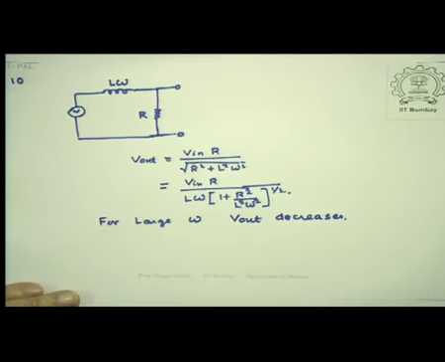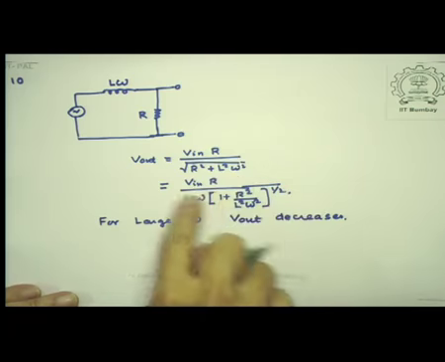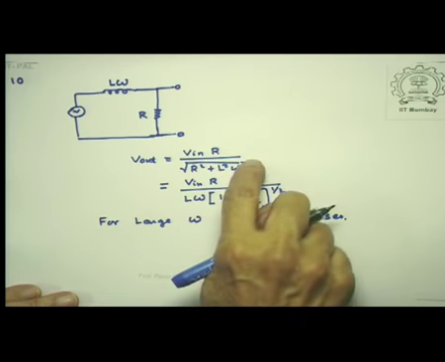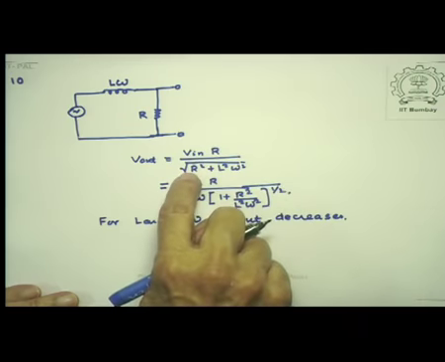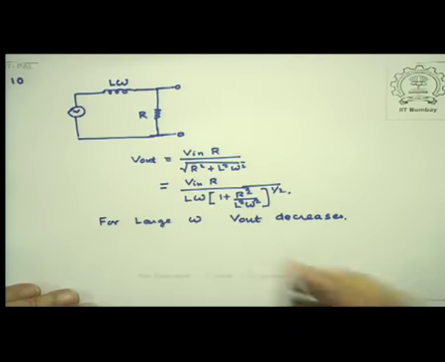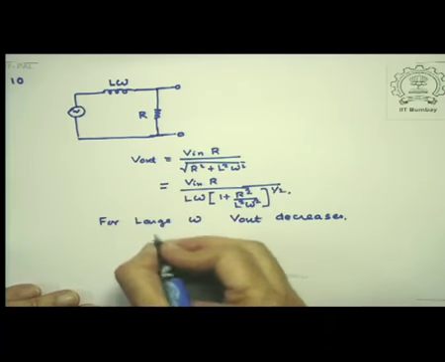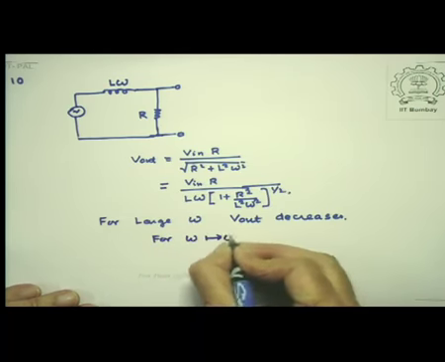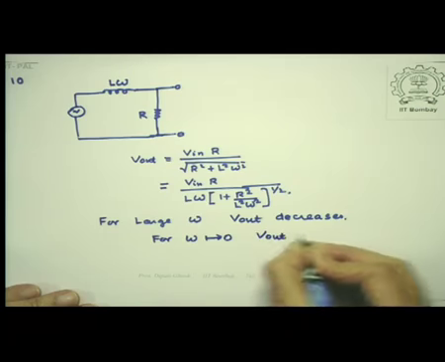And if omega is equal to 0, you have to come back to this because no expansion is possible. So if omega equal to 0, then of course I have square root of R square, which is R. I get V out is equal to V in. For omega going to 0, V out goes to V in.